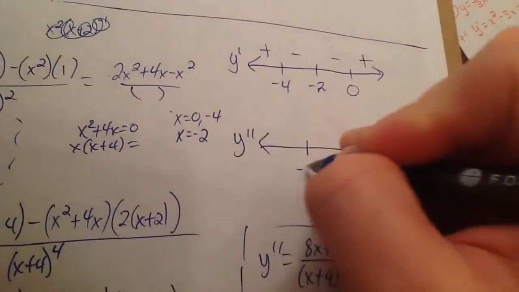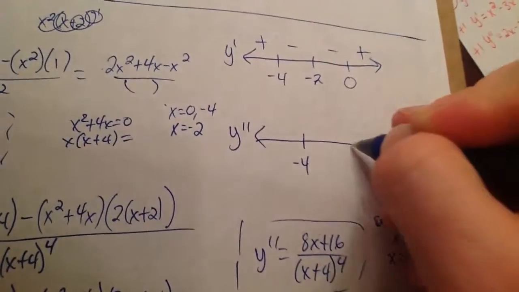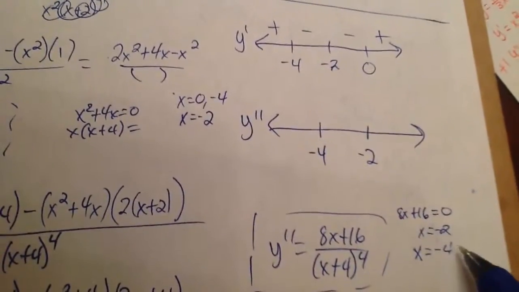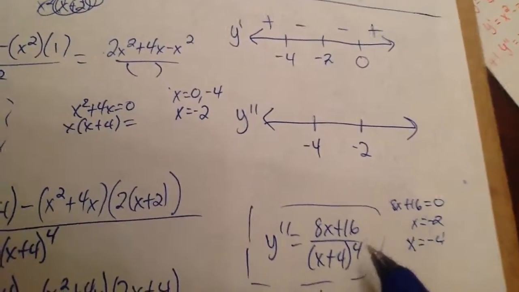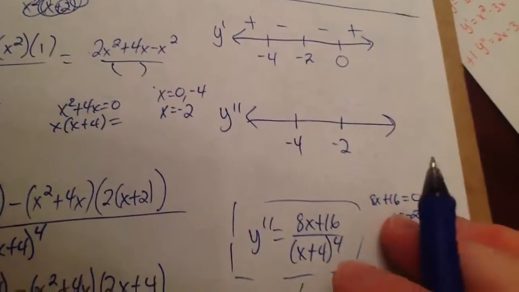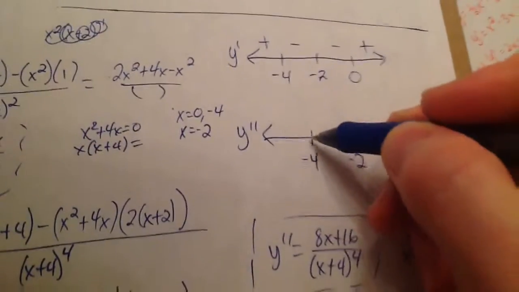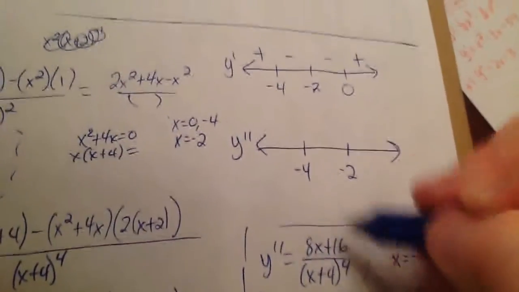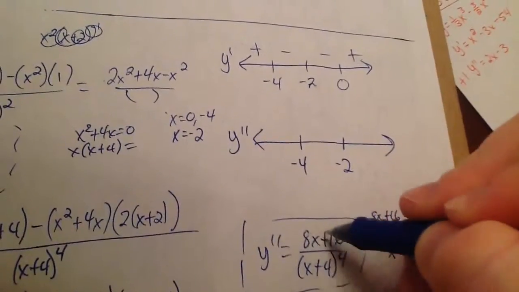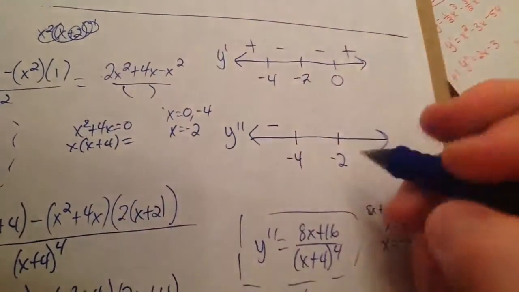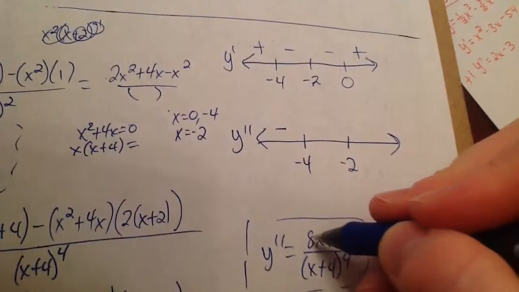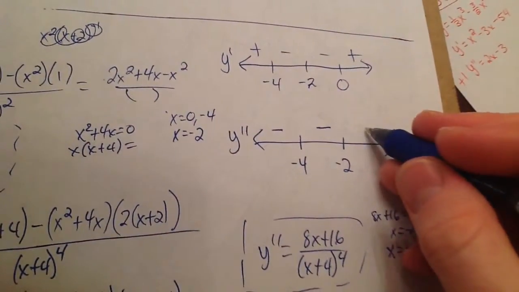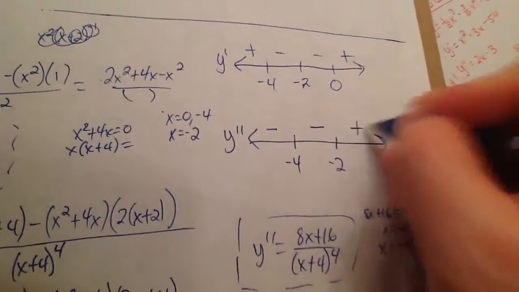So I got negative 4, negative 2. And I think that's it. Endpoints, same as, yeah, we're good. So plug in negative 5. The bottom is to the 4th power, so that'll always be positive. Negative 5 would be negative 40 plus 16, that's negative. Negative 3 would be negative 24 plus 16, that's negative. Negative 1 would be negative 8 plus 16, that's positive.